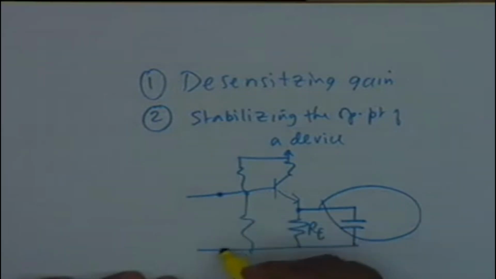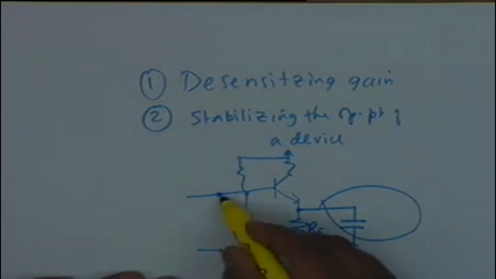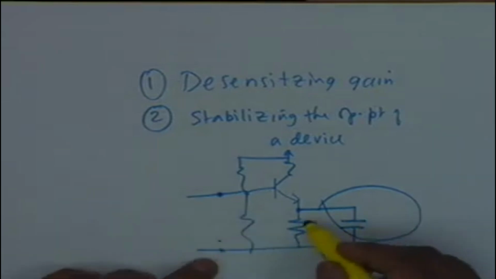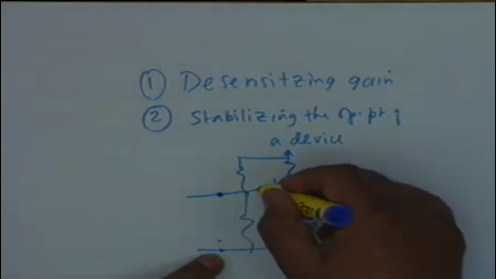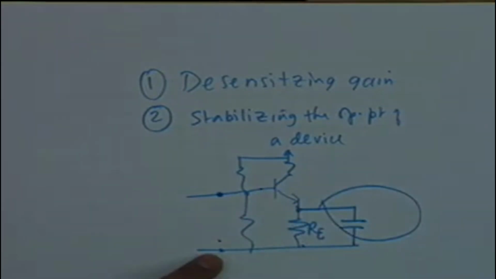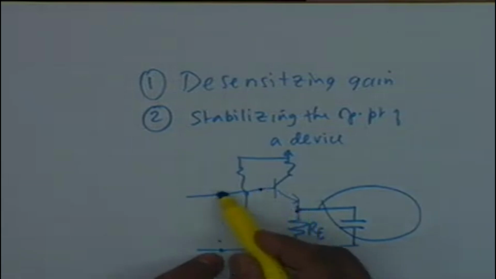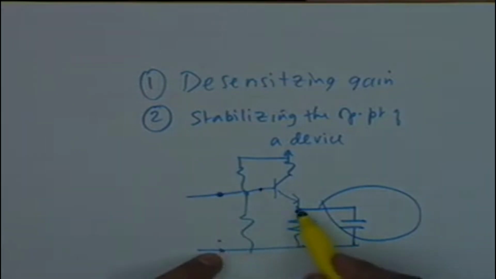If you apply a signal between these 2 points, and this is short, then the same signal appears between the base and the emitter. If it is not short, then the signal that appears between the base and the emitter is the applied signal minus the voltage developed across RE. And you know that this voltage and this voltage are in phase.